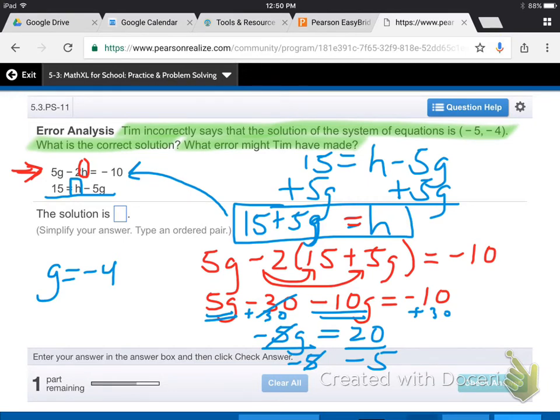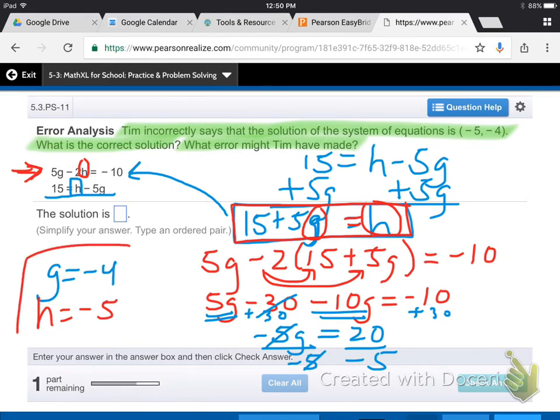So if we take this first equation again, and substitute the g value of -4 right here, then we can solve for h. So h is going to equal 15 plus 5g, and g is -4, so 5 times g is -20. -20 plus 15 is -5, so h equals -5.